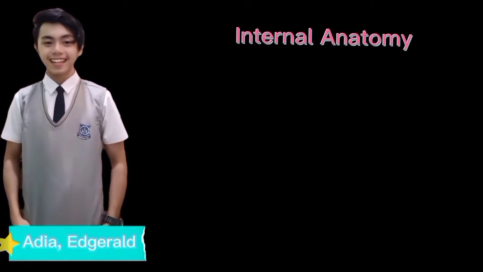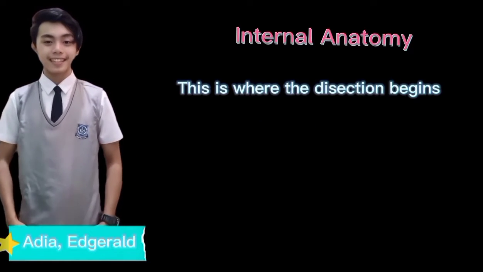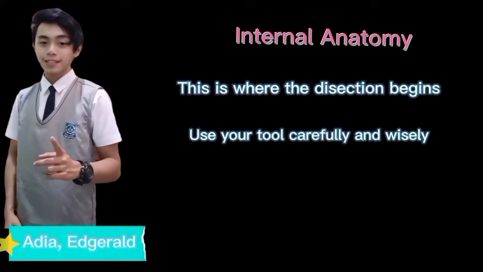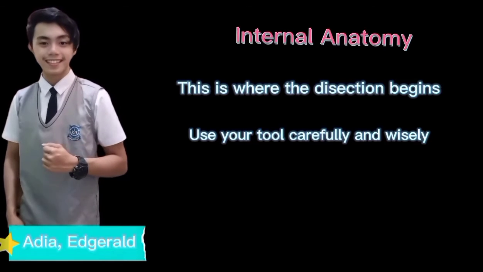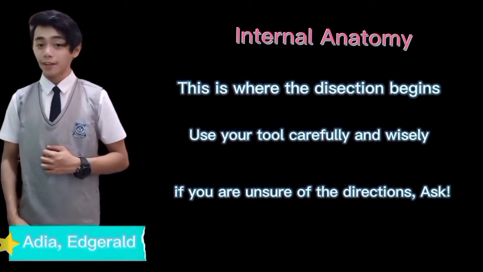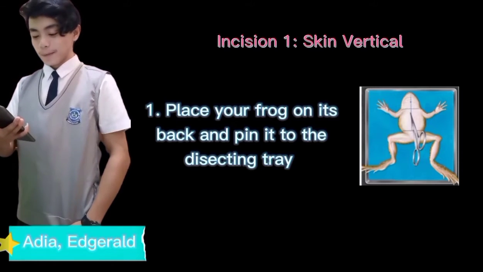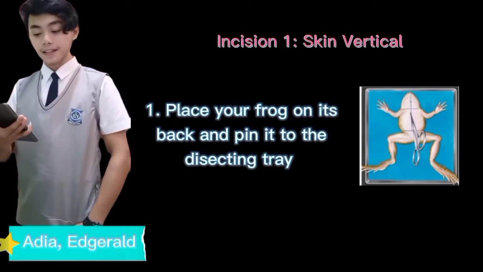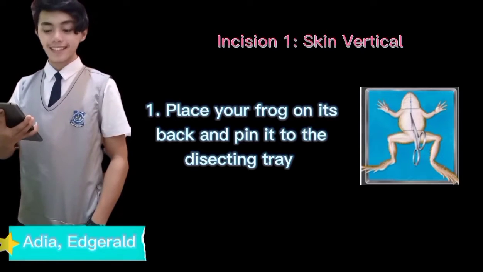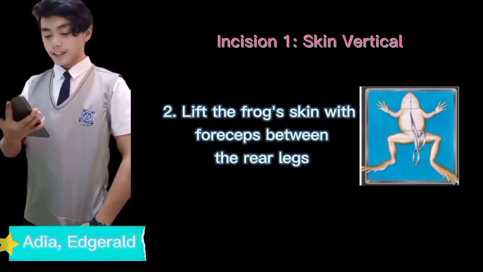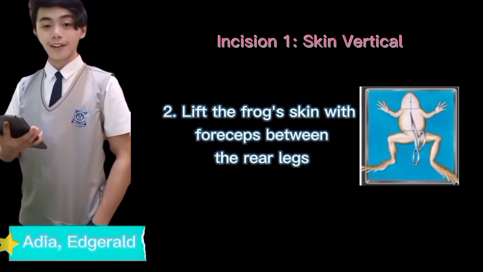Part C. Internal Anatomy. This is where the dissecting begins. Use your tools carefully and wisely. If you're unsure about the direction, just ask. Incision 1, skin vertical. Place your frog on its back and pin it to the dissecting tray. Second, lift the frog skin with the forceps between the rear legs.